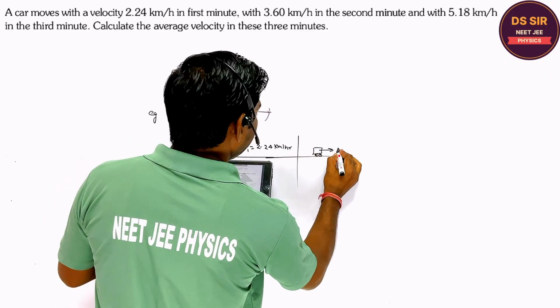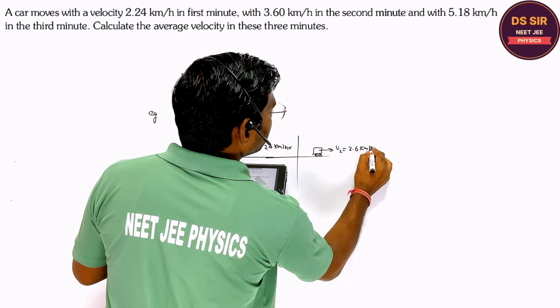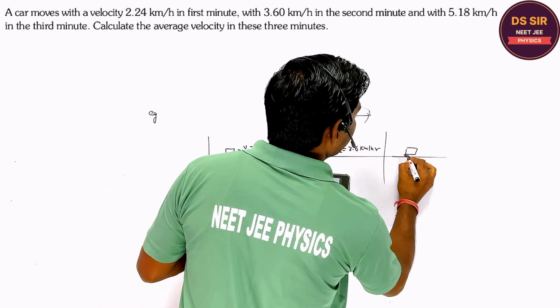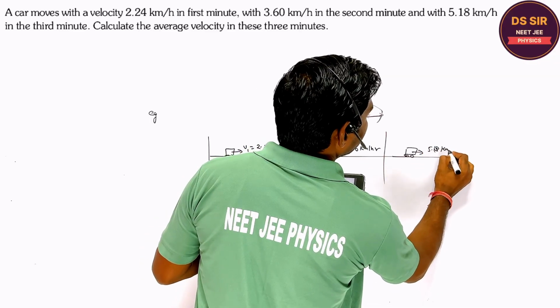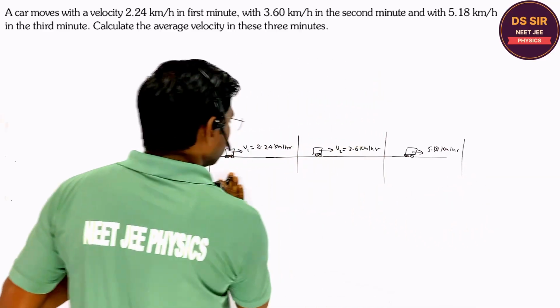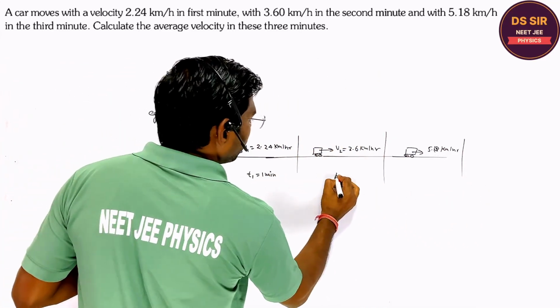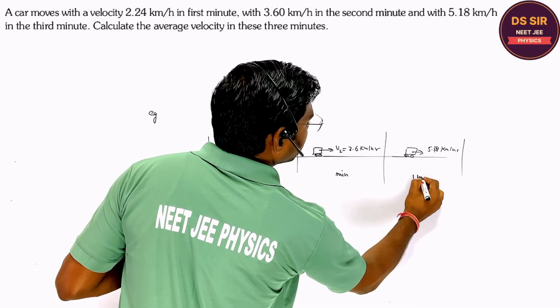For the second minute, the velocity is 3.6 kilometer per hour. And in the third minute, what is the velocity? It is 5.18 kilometer per hour. Is it clear? This is the time. T1 is equal to 1 minute, right? 1 minute, and it is also equal to 1 minute.